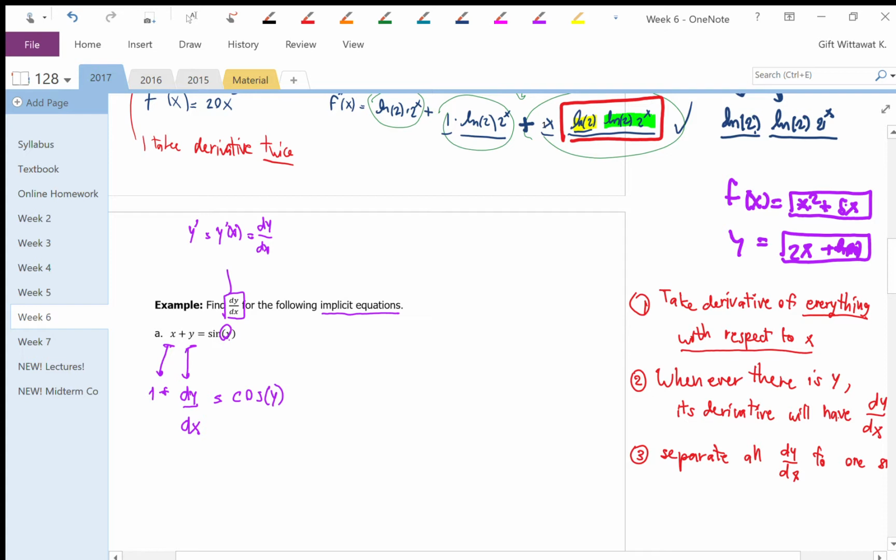However, because this is y, not x, its derivative is going to have another term dy by dx. So that's what I mean when I say whenever there is a y in the term, the derivative has to involve the term dy by dx. That's going to be multiplied to whatever your derivative is.